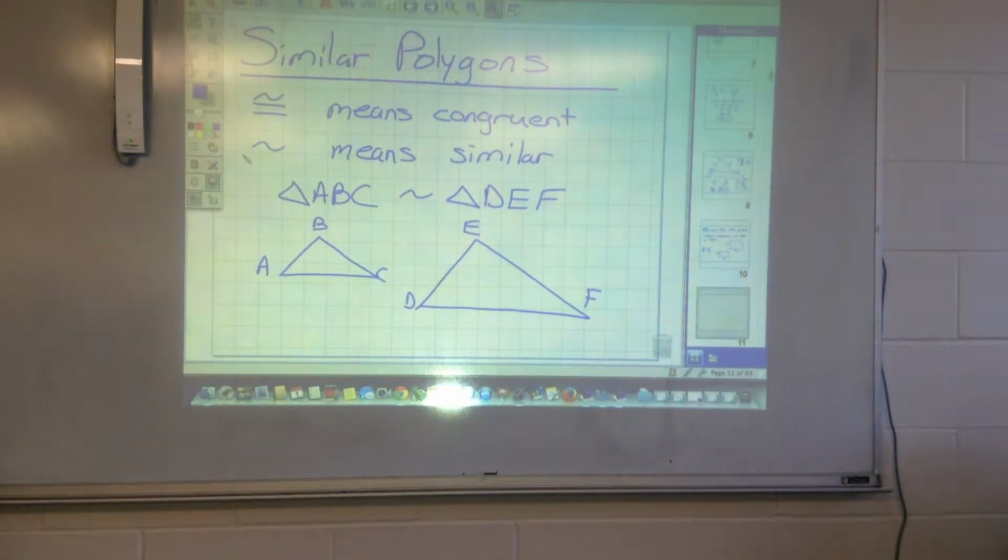It might be something like this. So they are similar figures. When figures are similar to one another, all of their angles are congruent to the corresponding angles in the other triangle.